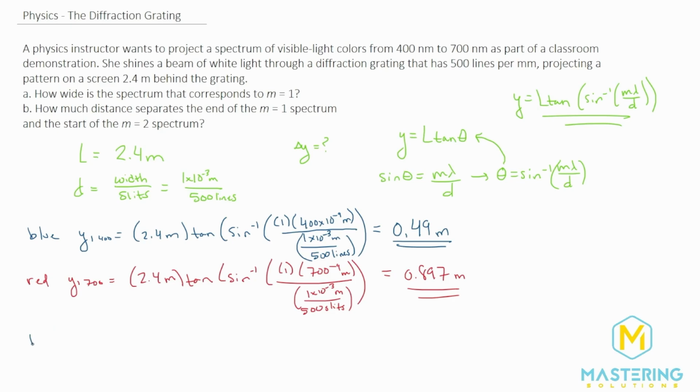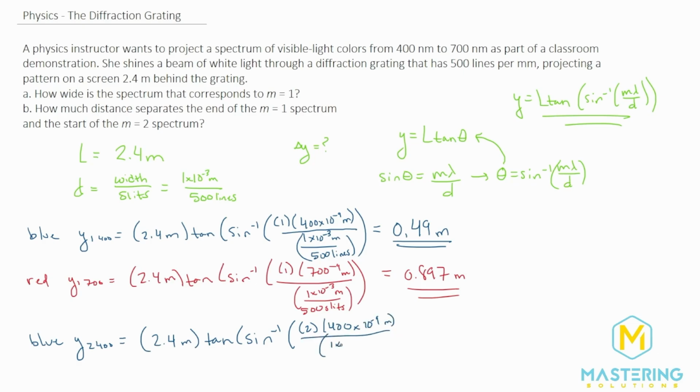So let's go back to blue, and we have y2 of 400 is going to be all the same, 2.4 meters, tangent of inverse sine, only now we have m2 of 400 times 10 to the negative 9 meters.